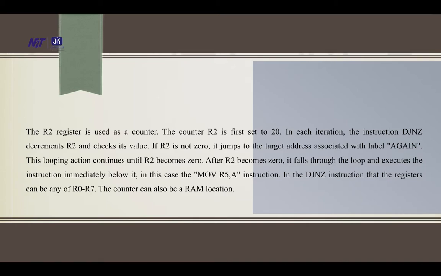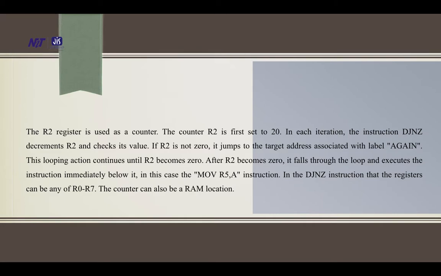The R2 register is used as a counter. The counter R2 is first set to 20. In each iteration, the instruction DJNZ decrements R2 and checks its value. If R2 is not 0, it jumps to the target address associated with the label AGAIN.